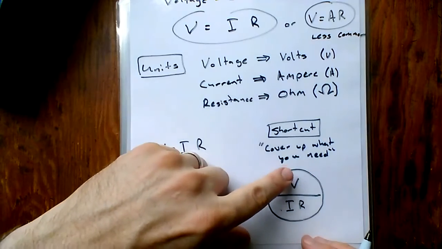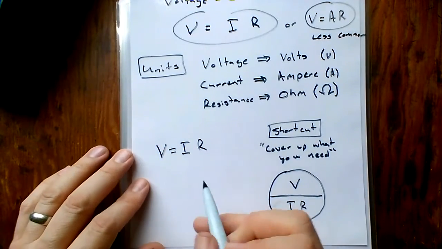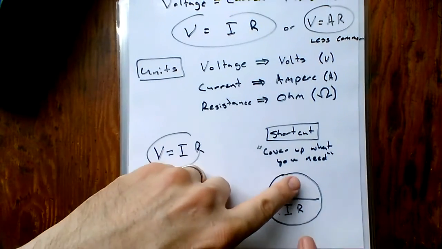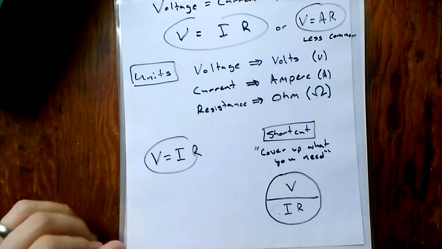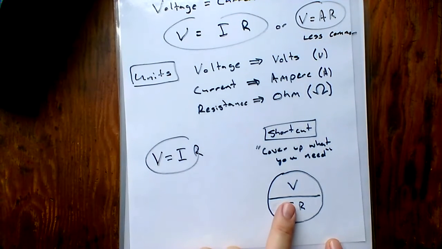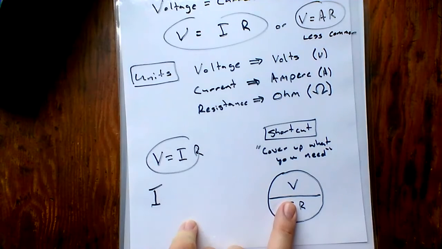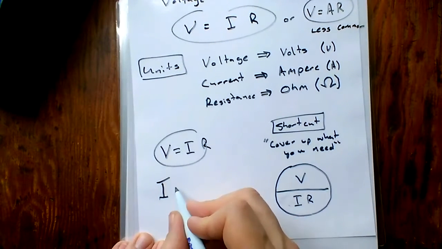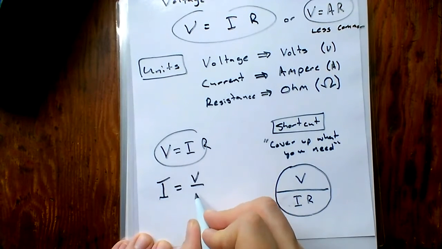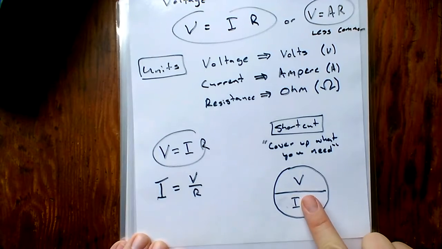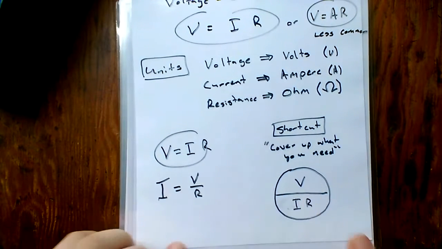And say if I were looking for my voltage, I've got V is equal to I times R. If I were looking for my current, I would have V over R. If I were looking for my resistance, it would be V over I.